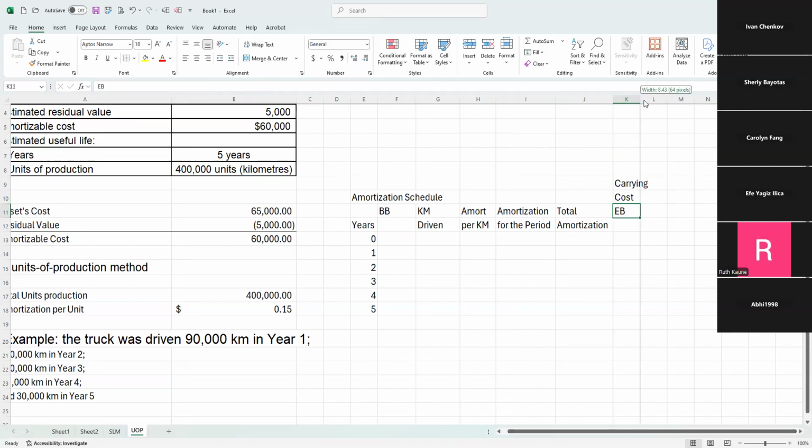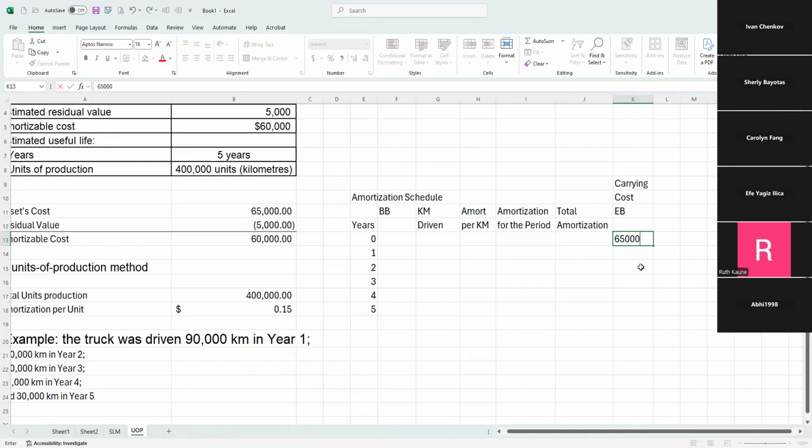And let's start filling the gaps. See if that's going to fulfill our needs. What's my carrying cost at year 0? Same thing like before, 65,000. That's not going to change. It's always going to be 65,000.